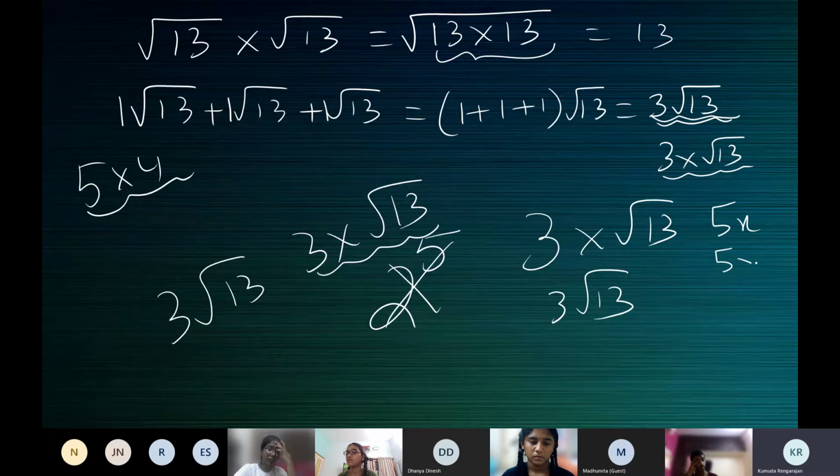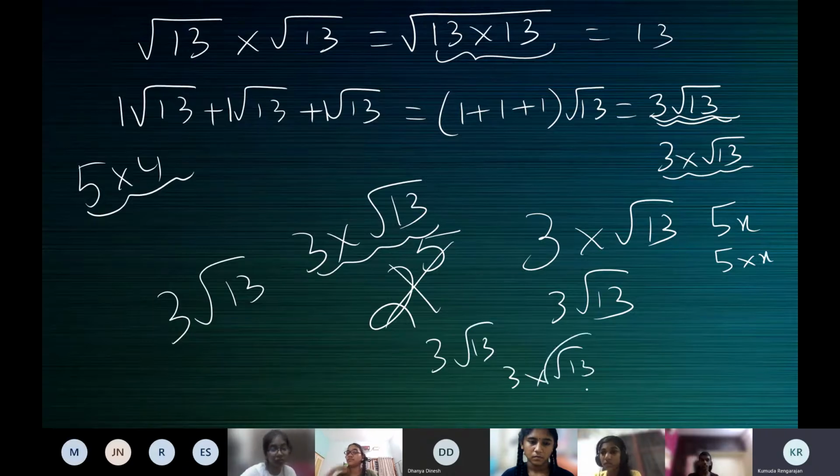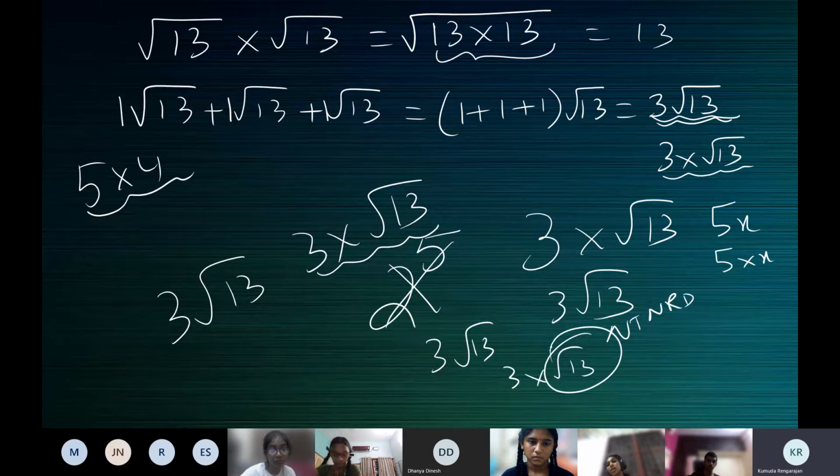What is 5x? 5 into x. What is 3 root 13? 3 into root 13. What is root 13? It has a non-terminating, non-repeating decimal. Into 3, which is rational, it will also be non-terminating.